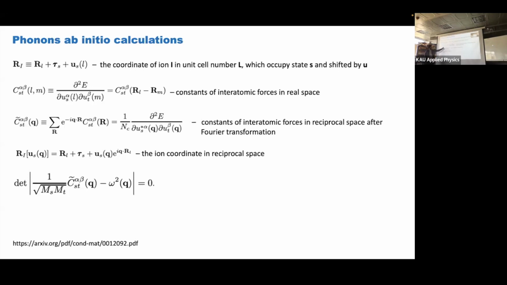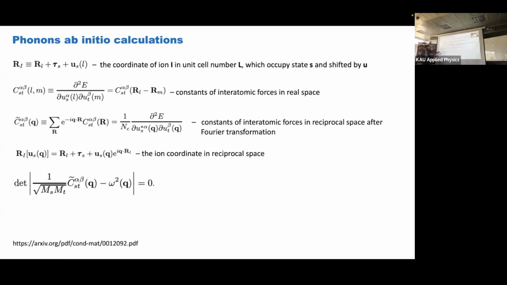This is in real space, but we make all calculations in reciprocal space, so we have to go to reciprocal space. What is the way to move from real space to reciprocal space for some matrix? It's to apply the Fourier transformation to it. So we applied the Fourier transformation on this matrix and got some other matrix.